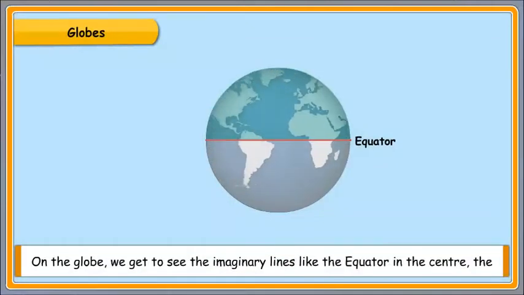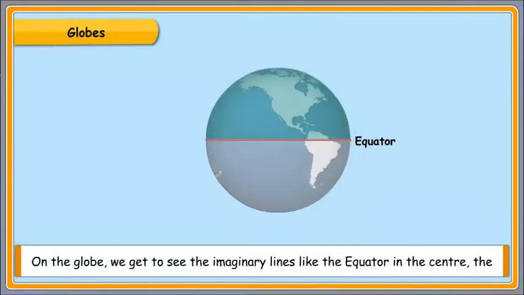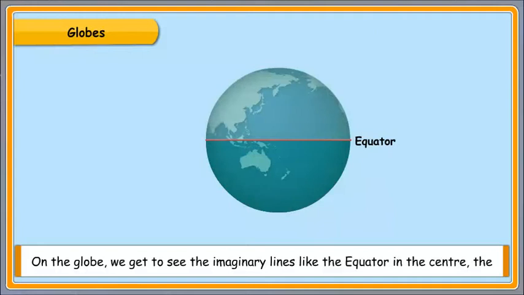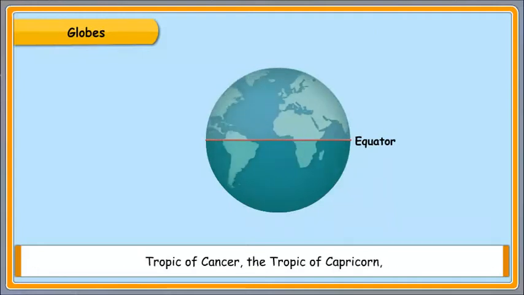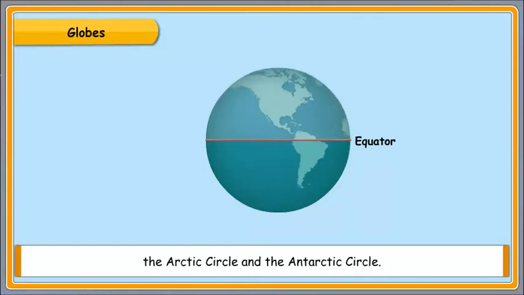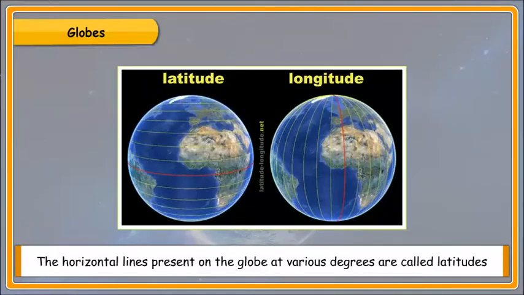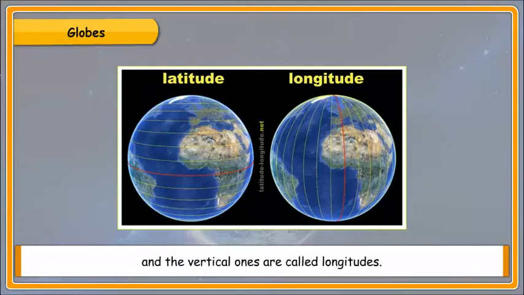On the globe, we get to see the imaginary lines like the equator in the center, the Tropic of Cancer, the Tropic of Capricorn, the Arctic Circle, and the Antarctic Circle. The horizontal lines present on the globe at various degrees are called latitudes, and the vertical ones are called longitudes.